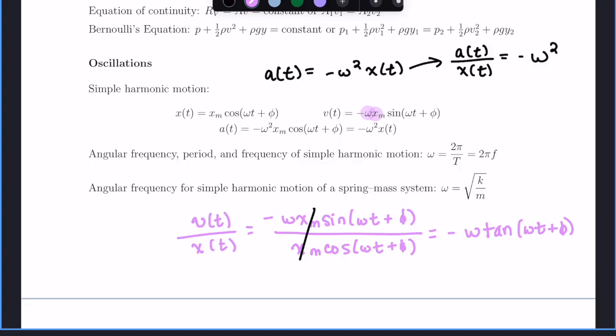To me, and to the other instructors, I'm going to serve as their mouthpiece, it's not a gigantic stretch to say that omega times xm is what's in front of the sine for the velocity function, ignoring the negative sign. So that's my amplitude for the velocity. And same thing for the acceleration: omega squared times xm is everything in front of that cosine, ignoring the negative sign, and that would be our amplitude.